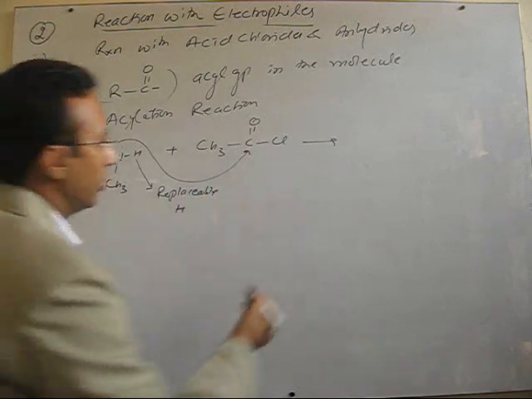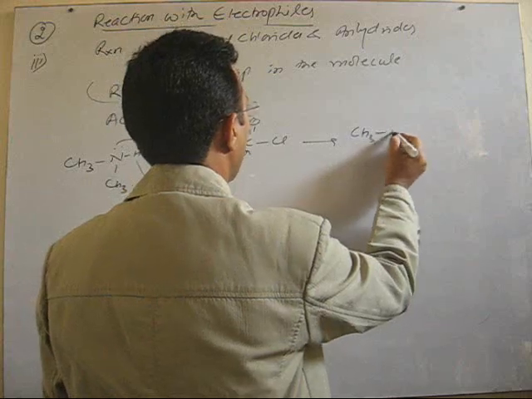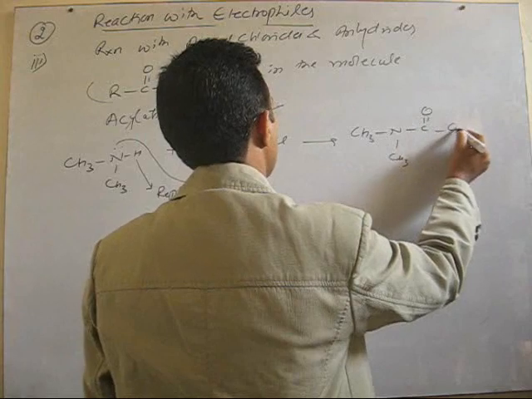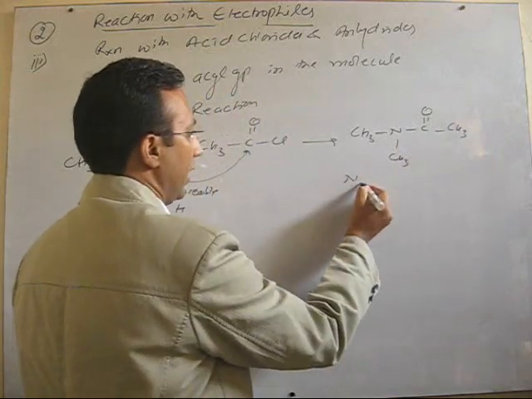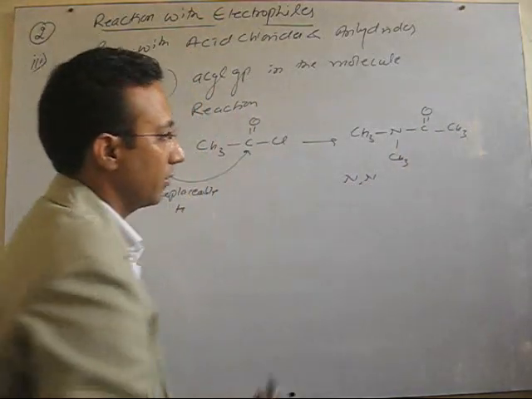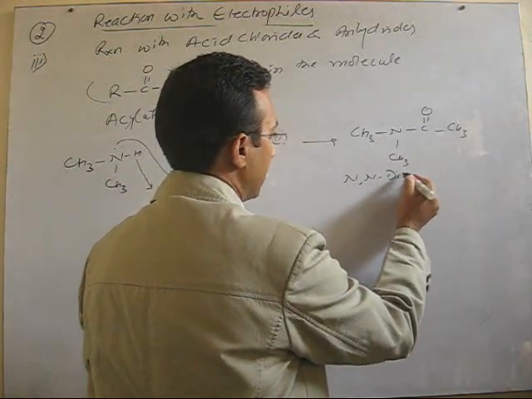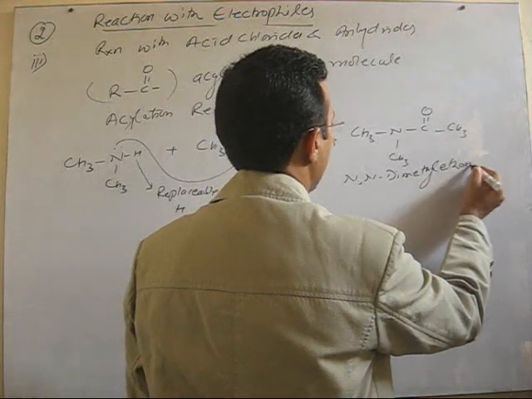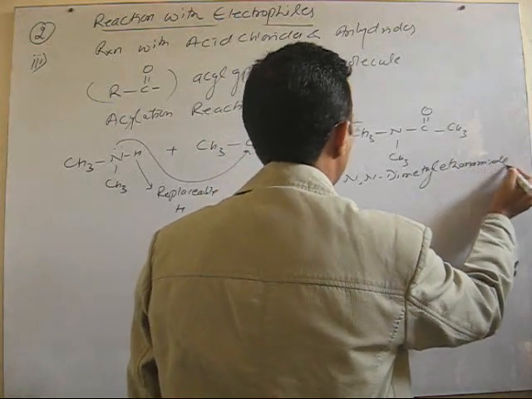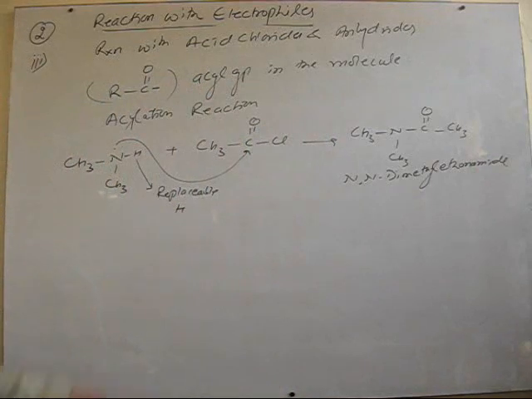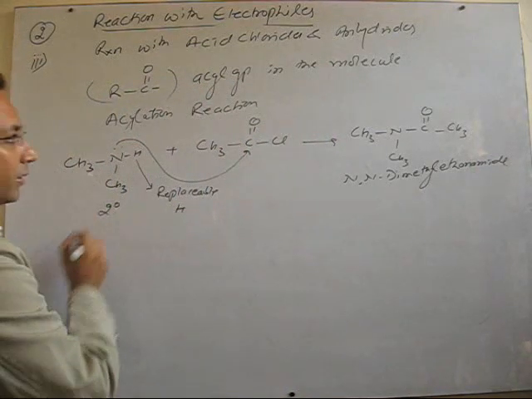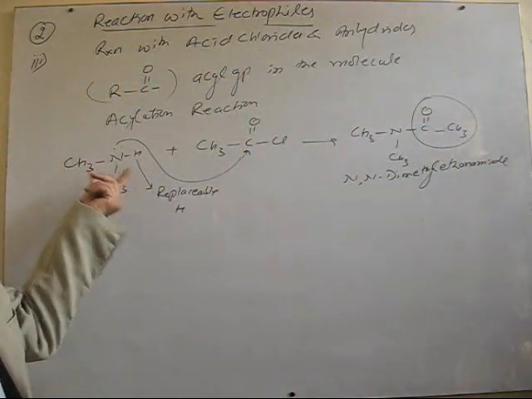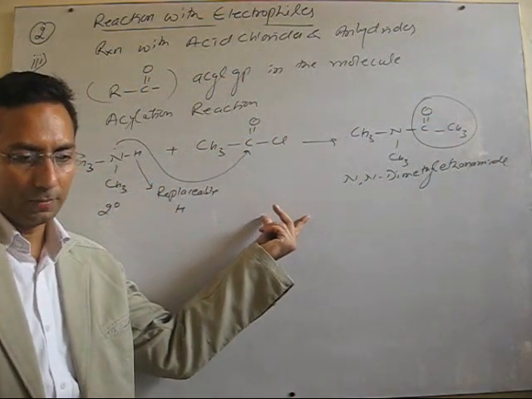Therefore, the product can be formed, which in this case is an N-disubstituted amide, N,N-dimethyl ethanamide. Fine. So this is a reaction of secondary amine. The acyl group is introduced in this molecule, so the reaction is named as acylation reaction.